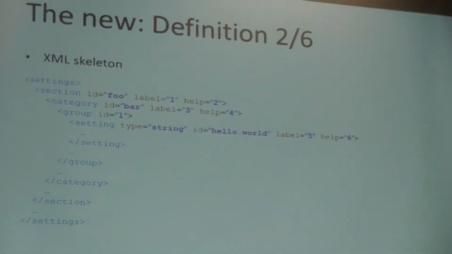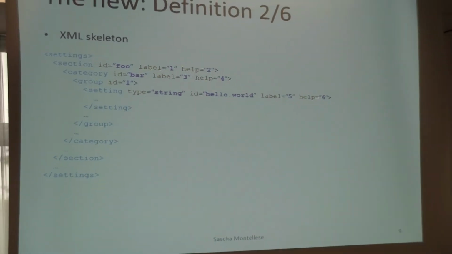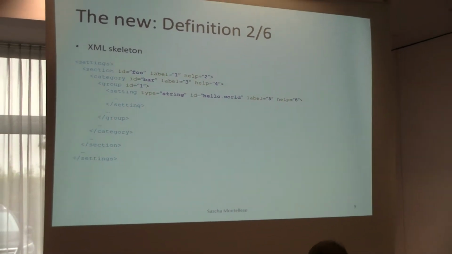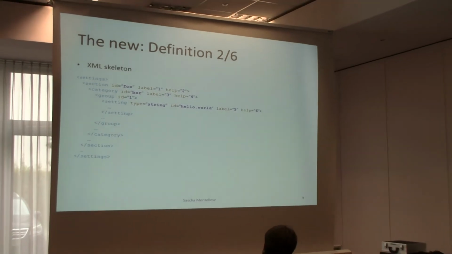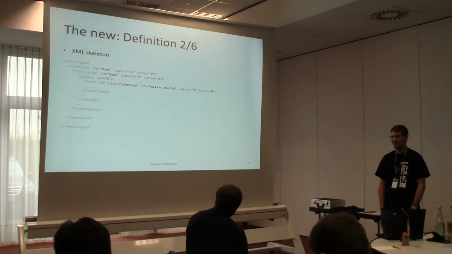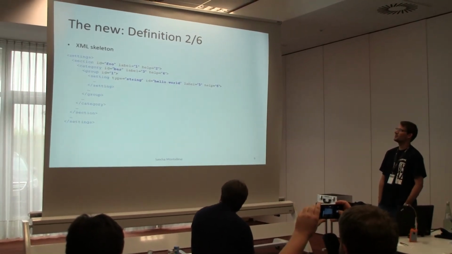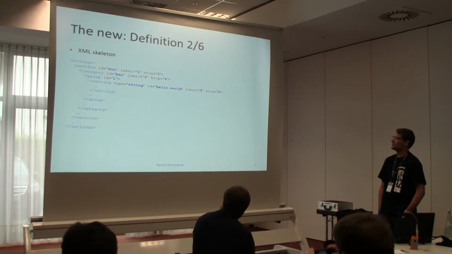And you have a label and a help string, which is displayed at the bottom of the user interface, which should make it a bit easier for users to know what a setting actually does, because we have really badly named settings. You have, like I said, sections, categories, groups, and then settings.